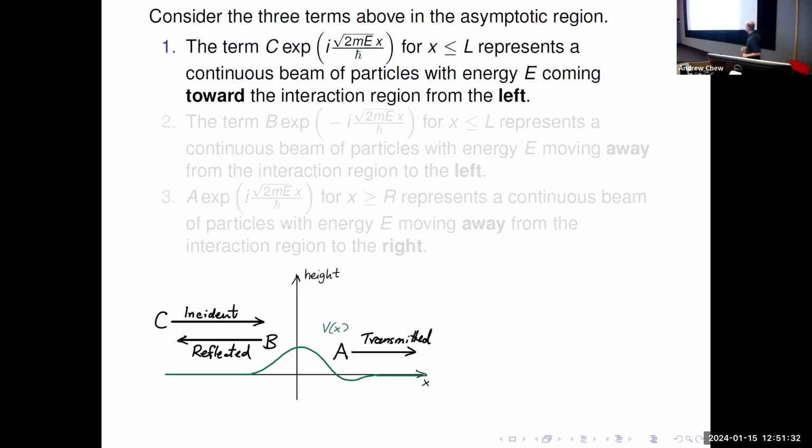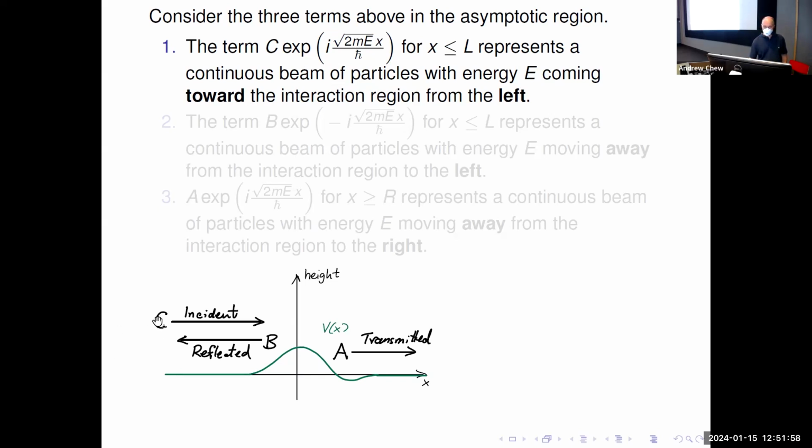And that actually has a very natural physical interpretation. So let's just see the physical interpretation. First of all, recall that we said that e to the i psi represented a particle with definite momentum psi. So this term actually represents, if you like, a continuous beam of particles with energy E coming towards the interaction region from the left.